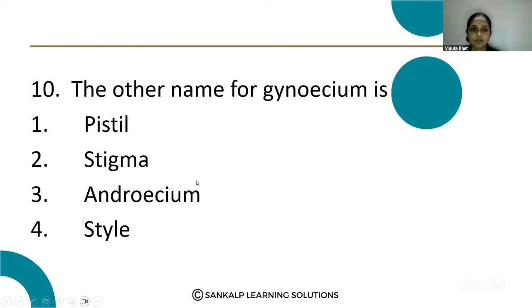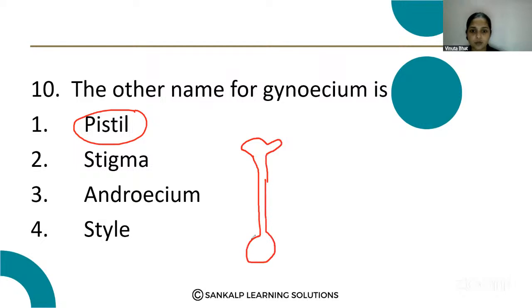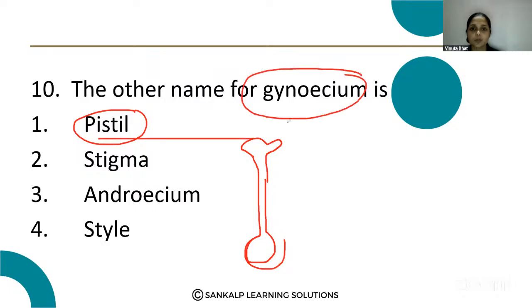The other name of the gynoecium is the pistil. Stigma means only the receptive part. Pistil means stigma, style and ovary together. So the group of pistils is known as the gynoecium.